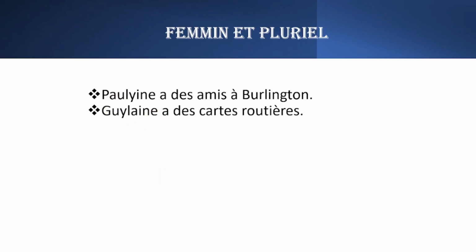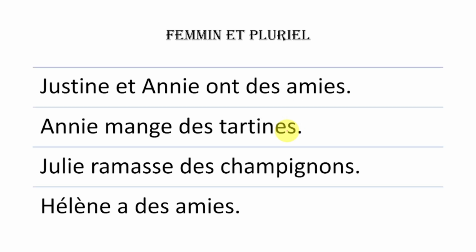So here in this case, I say Pauline a des amis à Burlington. Guylaine a des cartes routières. This one, I think I read with you in the other sentence, but it's okay.